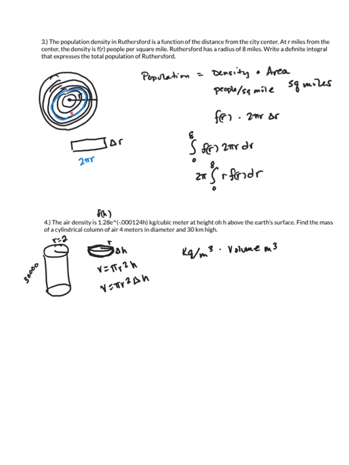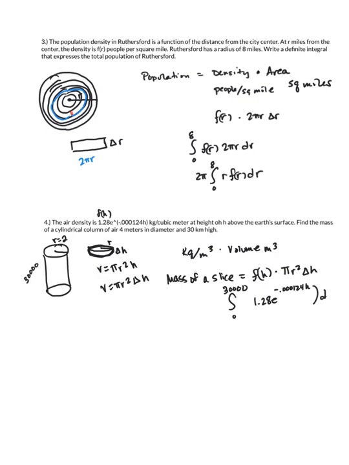Okay, so the mass of a slice is my density function, f of h, times my volume, pi r squared delta h. So remember I said my h is going from 0 to 30,000. And then I have my f of h, which is 1.28 times e to the negative 0.000124 h, right?